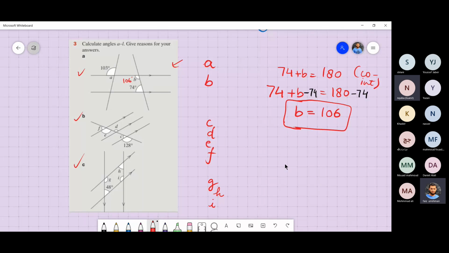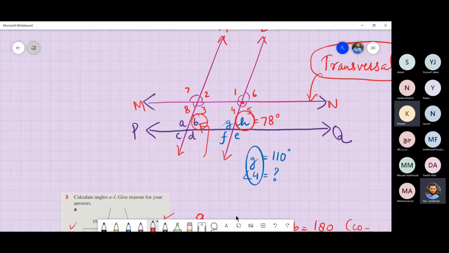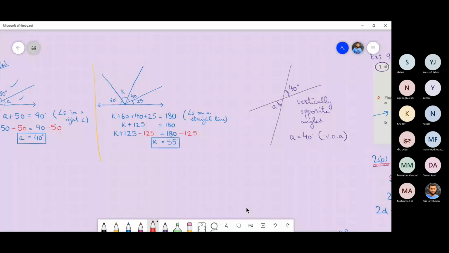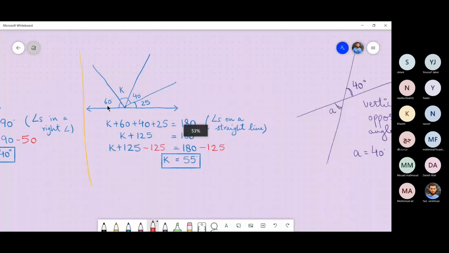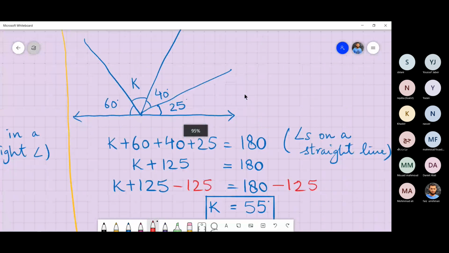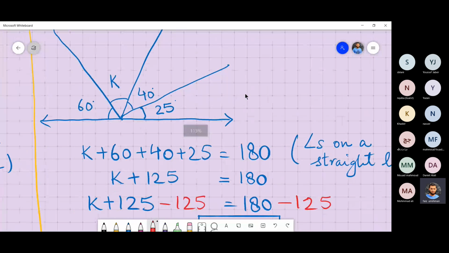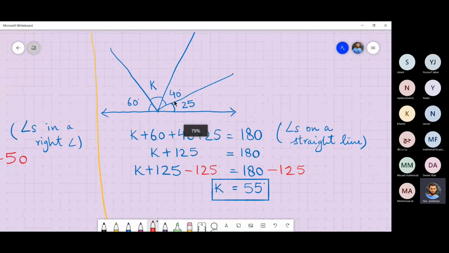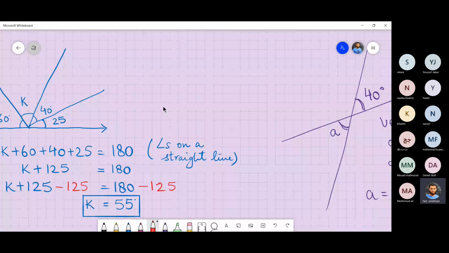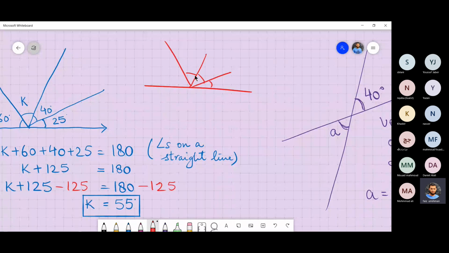What did I explain here? Angles on a straight line. If a straight line has many parts like this, containing multiple angles, and you add all the angles, what should we get? 180.